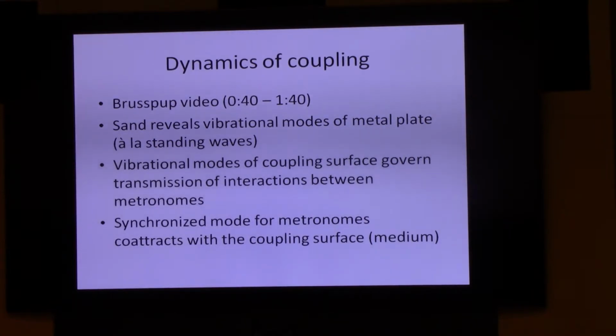I'm claiming that the surface on which they rest is part of the dynamical system, and that the attractor of the metronomes includes a dynamical state within the plate that is itself an attractor on the dynamics of the plate, and so the entire system is an attractor.